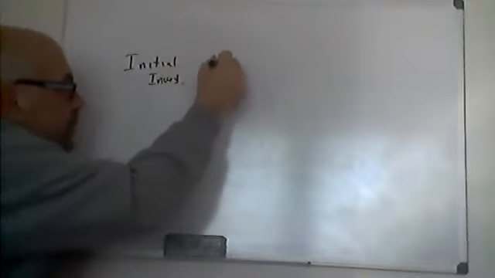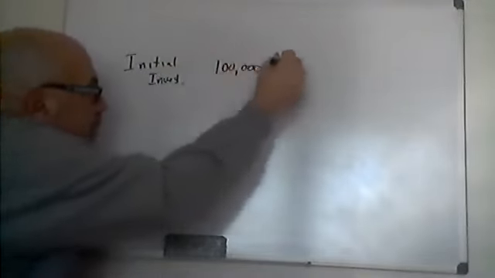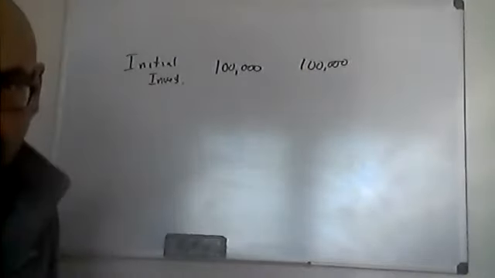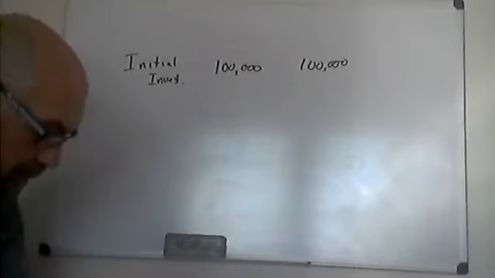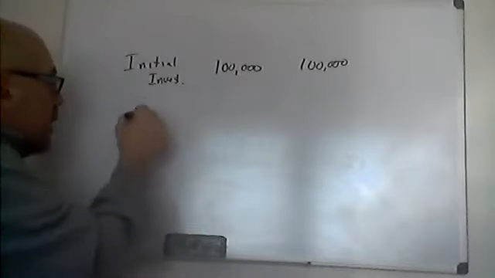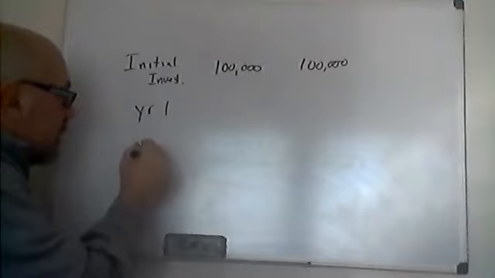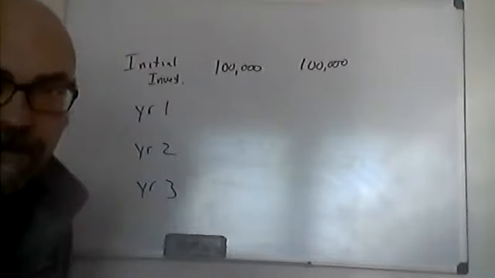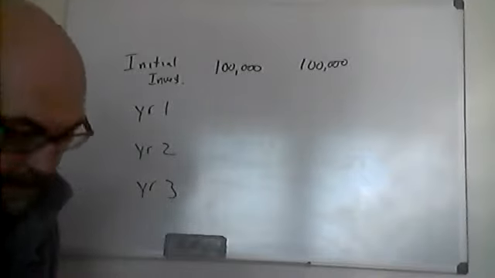Okay. So a little different kind of example is this. We have two investments here, or two alternatives. In both of them, our initial investment was $100,000, but they have different expected cash flows into the future.